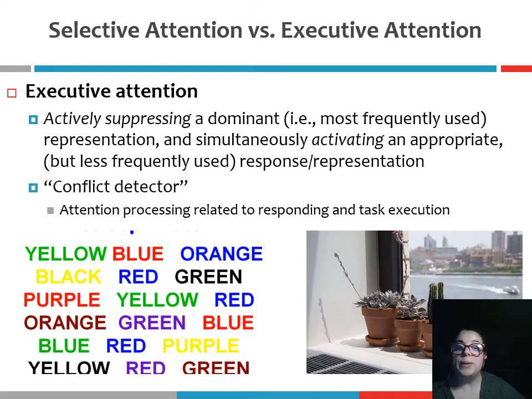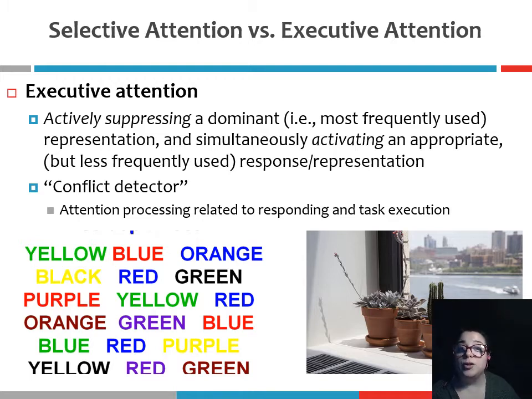Okay? So when I say dominance in this context, I'm referring to frequency of use. Right? So if you're accustomed to making a particular response in a given situation and you've done that many, many times before, that's going to be your dominant response, right? Because you've used it frequently. You've made that response a lot, right?